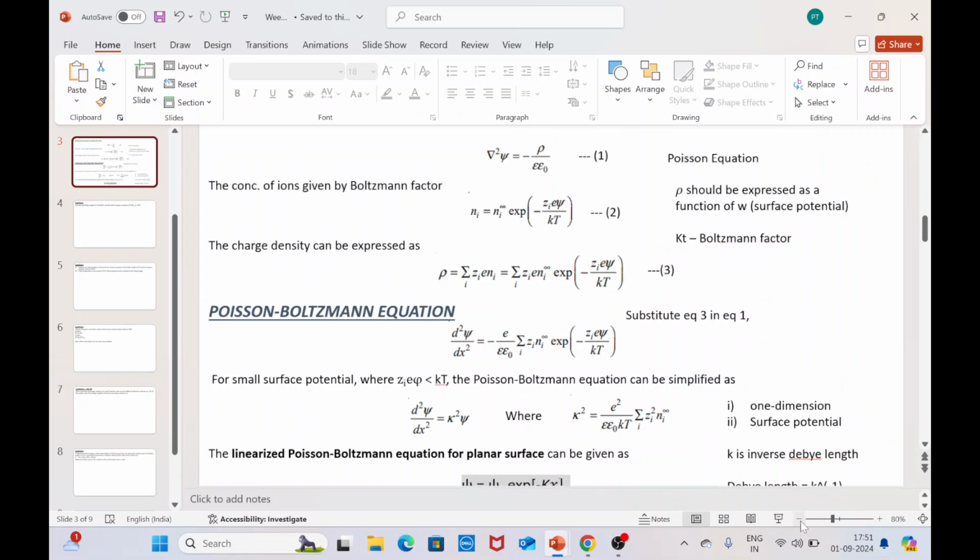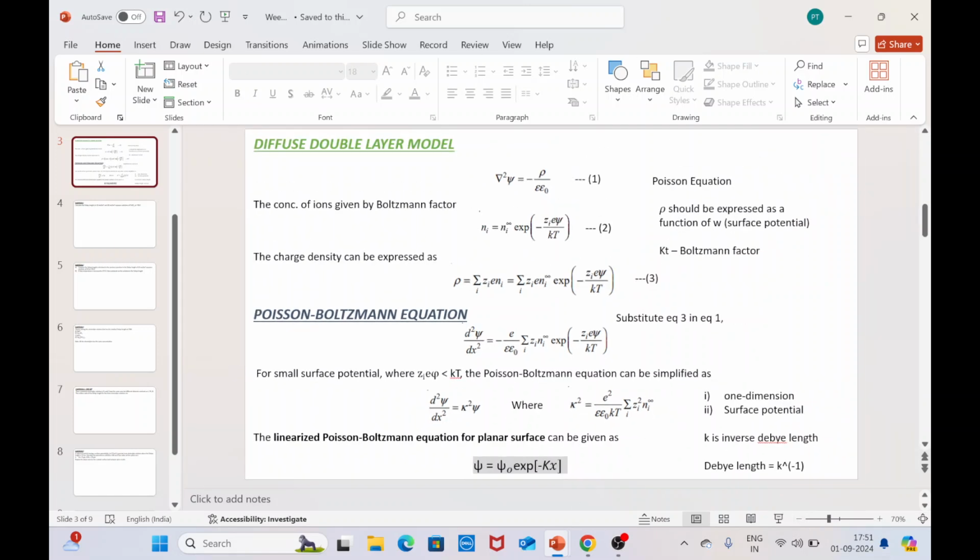As I keep saying, these equations were also discussed in the video lecture, where all the equations are derived in detail. This is just a gist of the important equations that you might require for solving the problems.